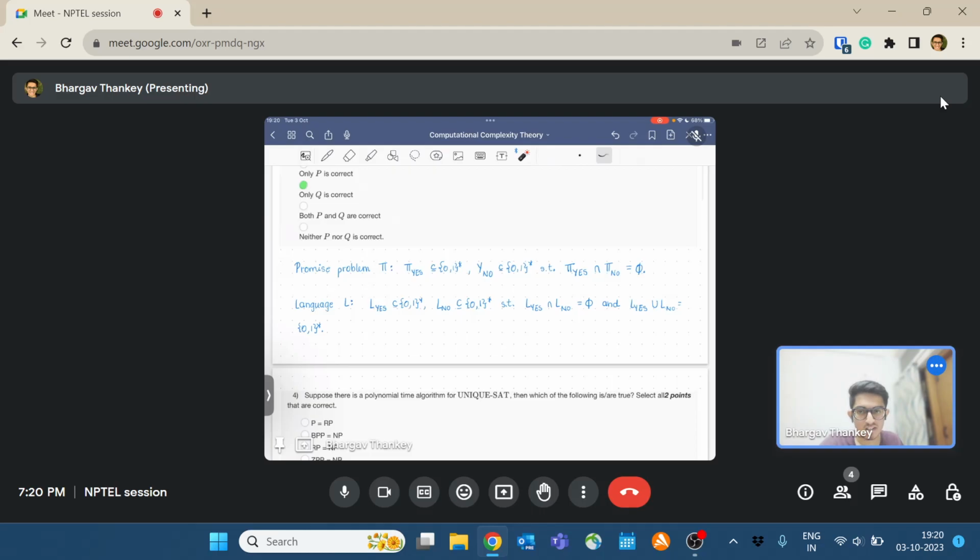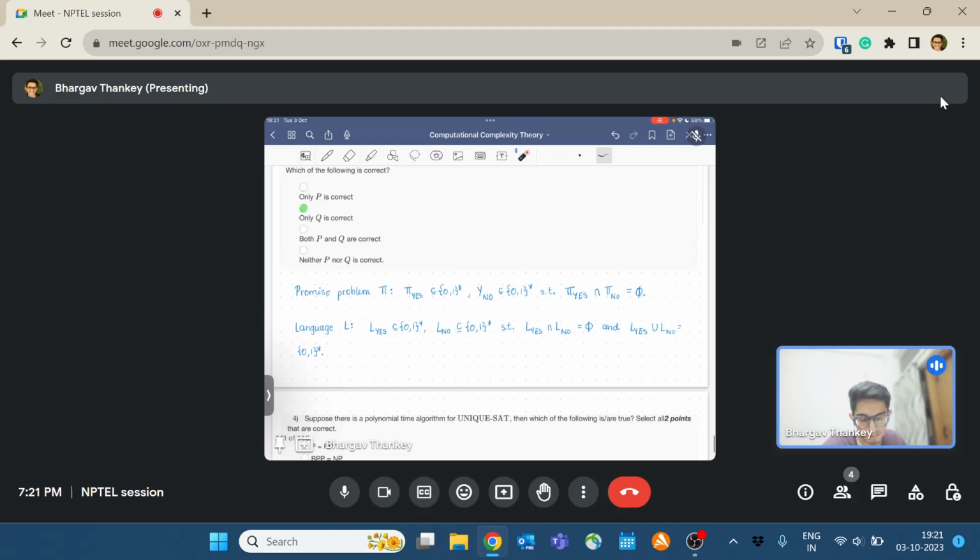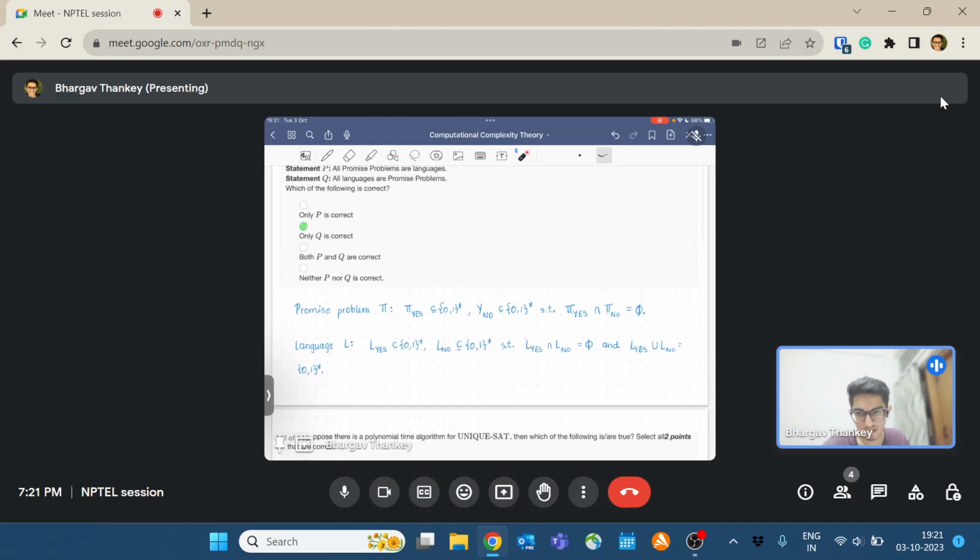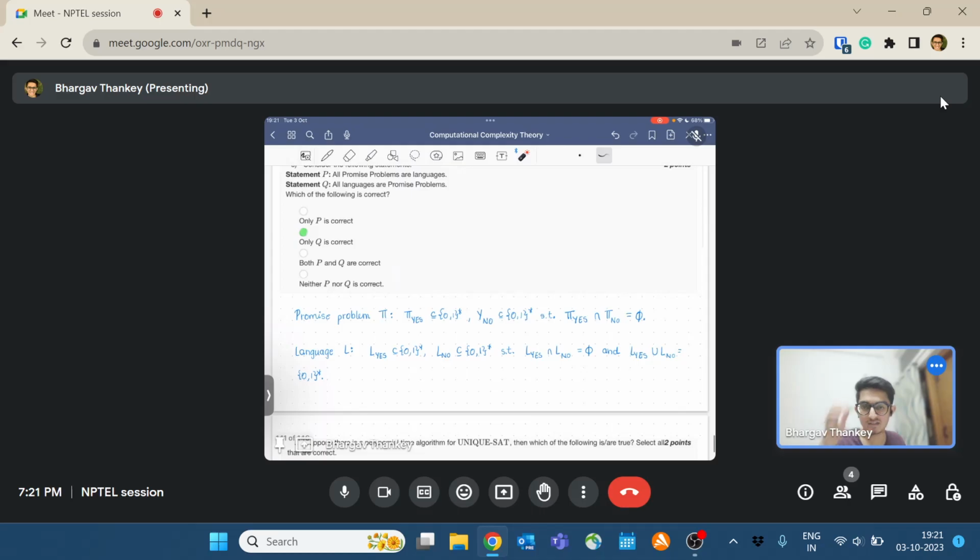So being a language is a strictly stronger condition than being a promise problem. You can have a promise problem in which the union of these two is not {0,1}*. That promise problem would not be a language. However, pick any language. Since L yes intersection L no is empty, the language is a promise problem. All you have to do is make these two equal, and the don't care set is empty. So every language is a promise problem, but every promise problem need not be a language. So just Q is correct. Is this fine?